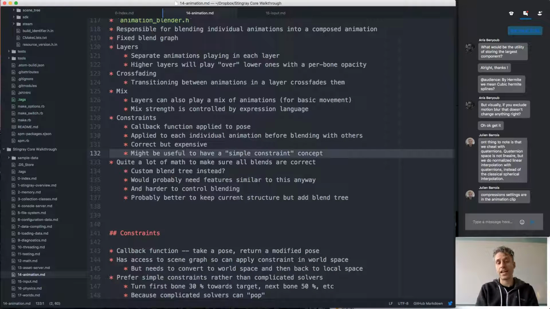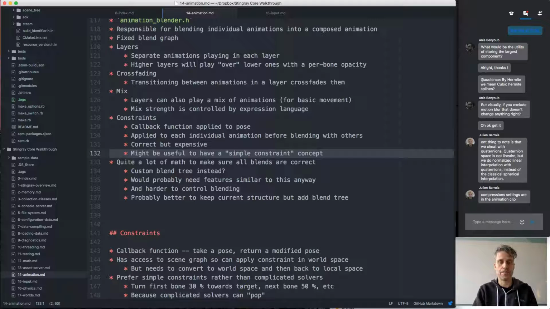So one thing I've been thinking about is if we should also have a simple constraint concept that is just applied at the end of all animations, when we have evaluated the complete animation state of the character and done all the blends, and that maybe we should have a callback function that can apply a simpler constraint just on the world position of the character.